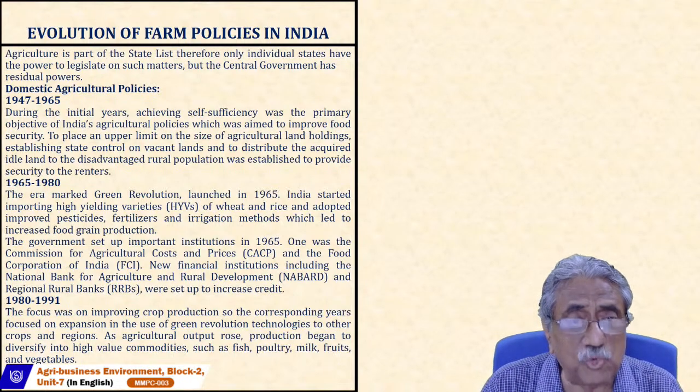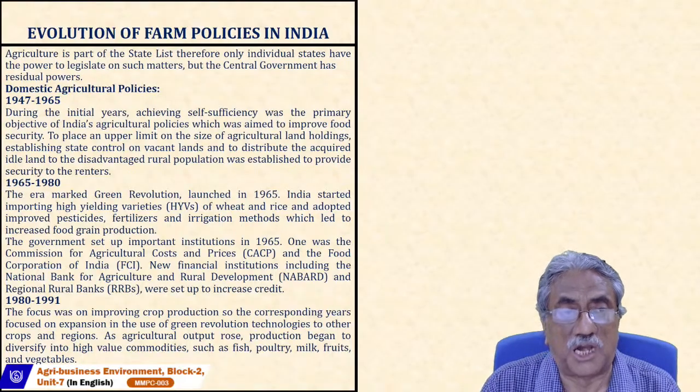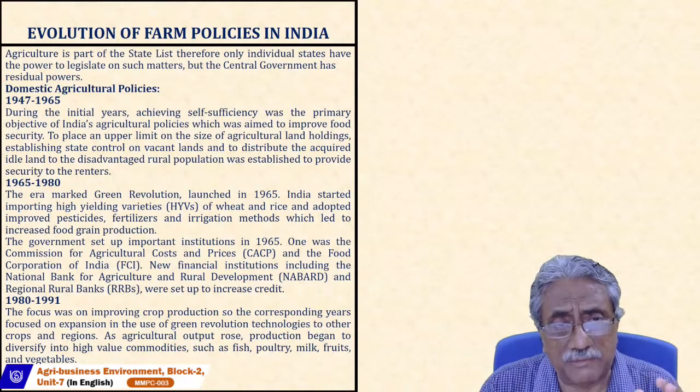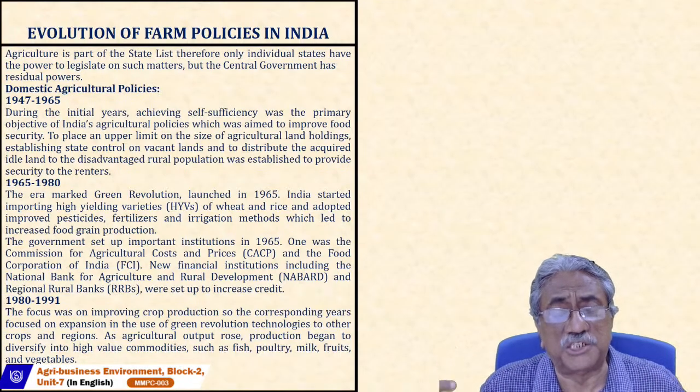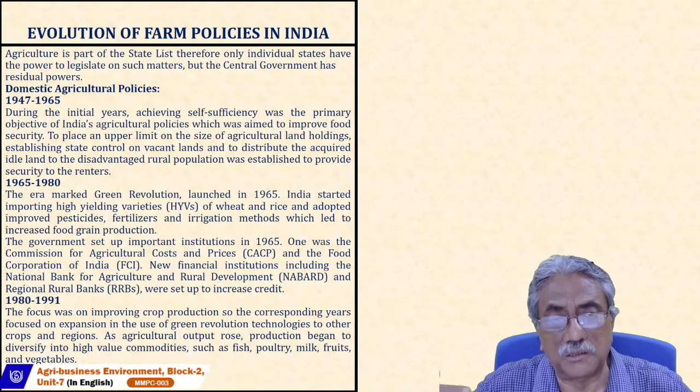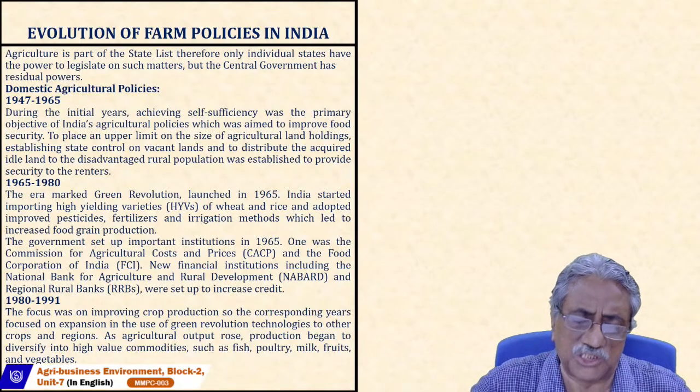Bhakra Nangal dam was built, irrigation started, either Damodar Valley Corporation or DVC started, and these types of huge irrigation projects, first of all, can produce electricity, like the Hirakud Dam in Odisha.